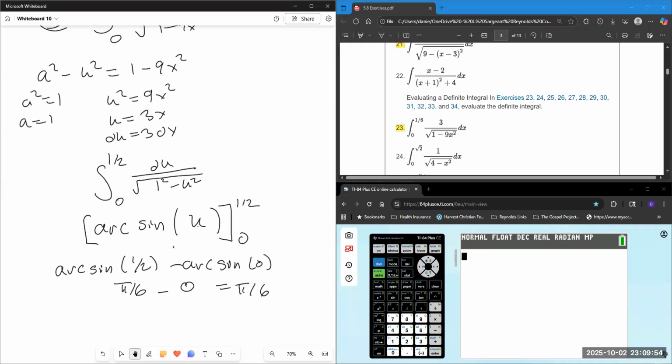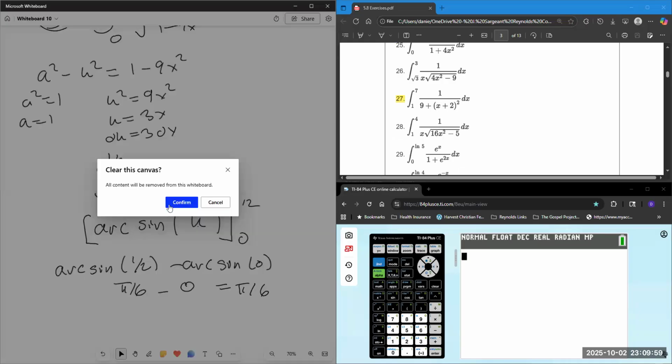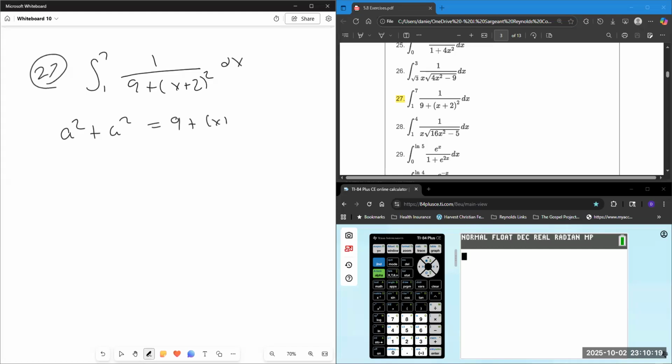Let's look now at number 27. It says the integral from 1 to 7 of 1 over 9 plus (x plus 2) squared dx. So a squared plus u squared is 9 plus (x plus 2) squared, making a squared equal to 9 and a equal to 3, u squared equal to (x plus 2) squared.